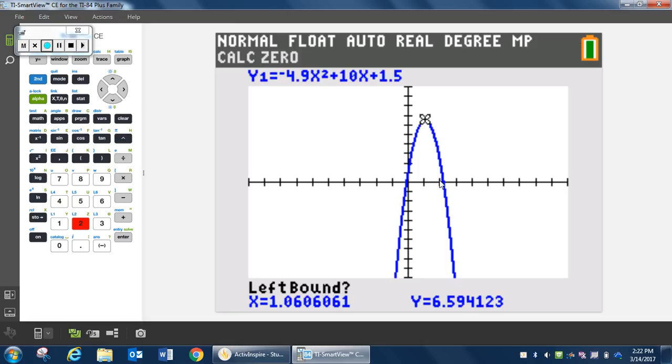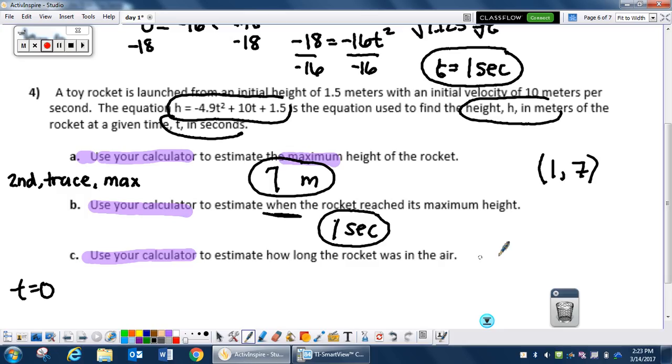We got to be to the left of that one, so we already are. And then you're going to scroll. Even though I went off the screen, I'm still to the left of it, so I just hit enter, enter. Alright, you might have 0 right there. That just means it's really, really close to 0. Sometimes the calculator will make that 0. Okay, so let's round this to 2. So it was 2, 0, which means the rocket was in the air for about 2 seconds.